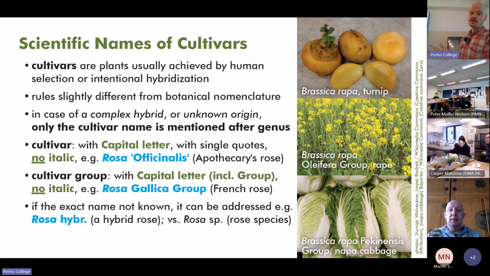So cultivar groups are also written with a capital letter, including the word group, and no italics. So here you can see, for example, French roses are Rosa Gallica Group. And after that, there can also be the cultivar name with single quotes.